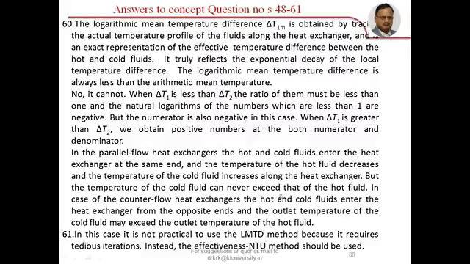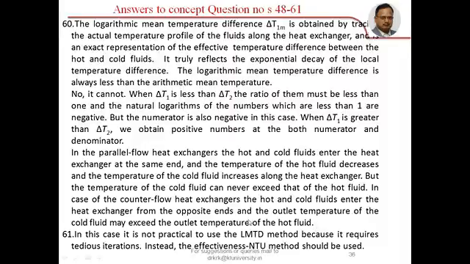In parallel flow heat exchanger, hot and cold fluids enter the heat exchanger at the same end, and the temperature of the hot fluid decreases and temperature of the cold fluid increases. But the temperature of cold fluid can never exceed that of the hot fluid. In case of counterflow heat exchangers, the hot and cold fluids enter the heat exchanger from the opposite ends and hence the outlet temperature of cold fluid may exceed the outlet temperature of hot fluid.